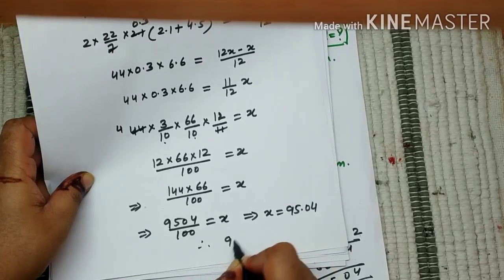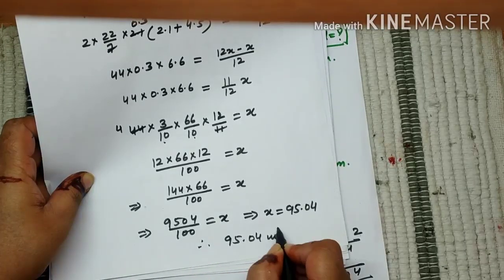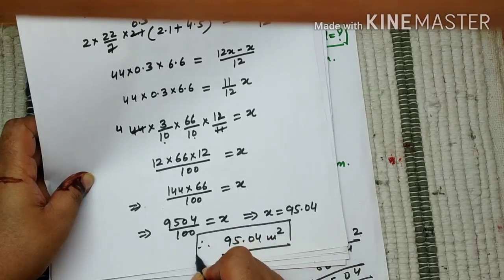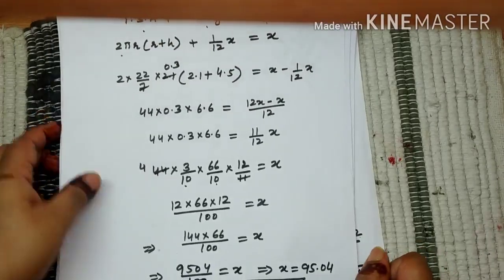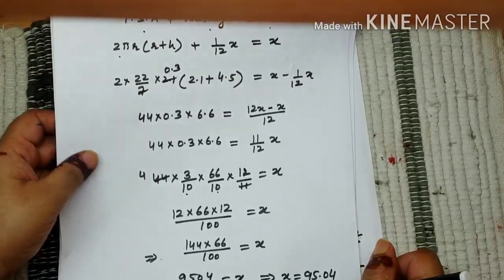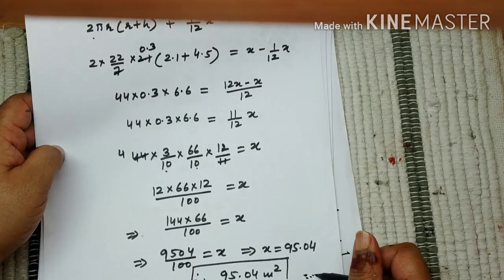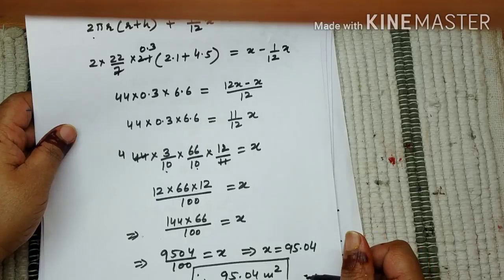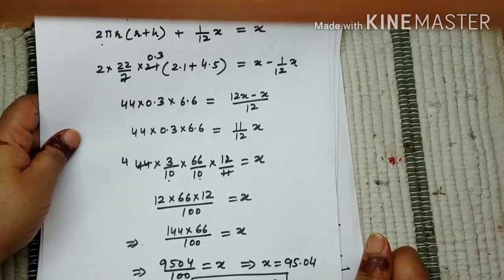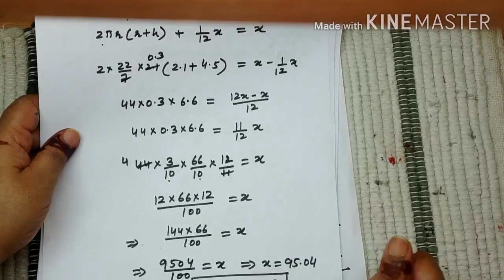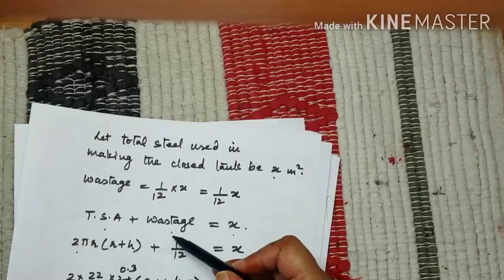Therefore 95.04 meter square steel was actually the amount of steel that we bought in order to make the storage tank. This is the steel actually used. And the steel used in making the tank, that is TSA, including wastage.